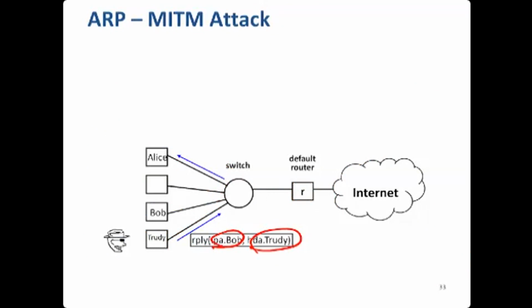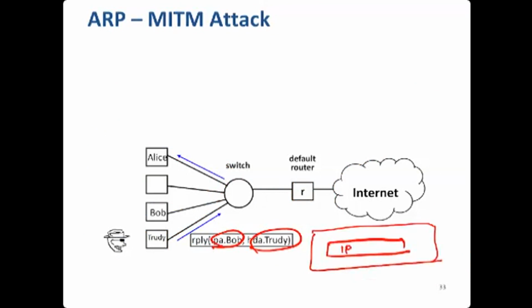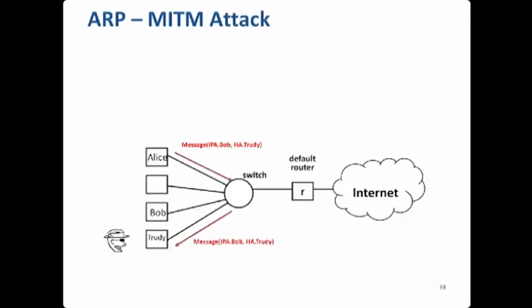Now when Alice sends a message in the IP protocol, she wraps it over Ethernet and writes here the Ethernet address of Trudy. Trudy coolly receives it, opens it, manipulates the message, and then sends it to Bob. Can it send it to Bob? If it already knows the IP address of Bob and also the Ethernet address of Bob, it can then simply send.